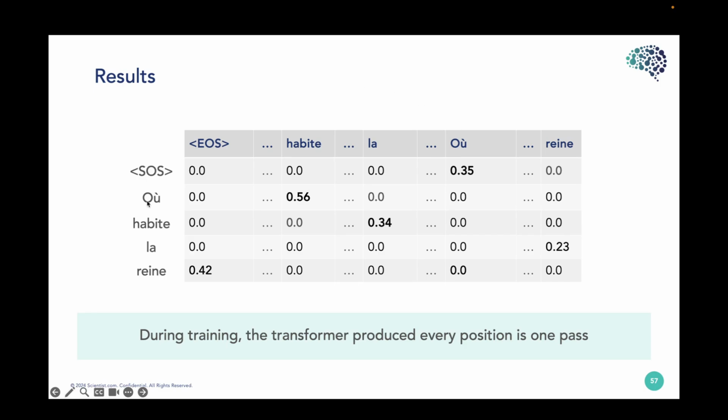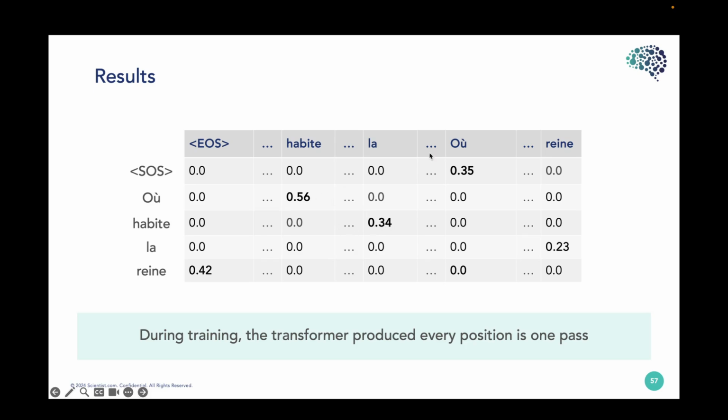Given SOS, où, the most likely next token is habite. Given SOS, où, habite, the most likely next token is la. These would be the post-training probabilities. During training, it's going to be a lot more random.